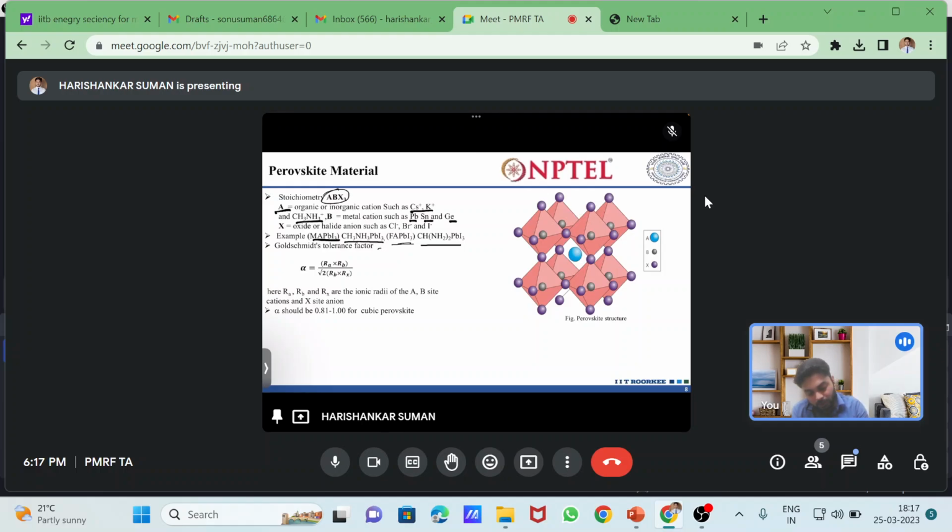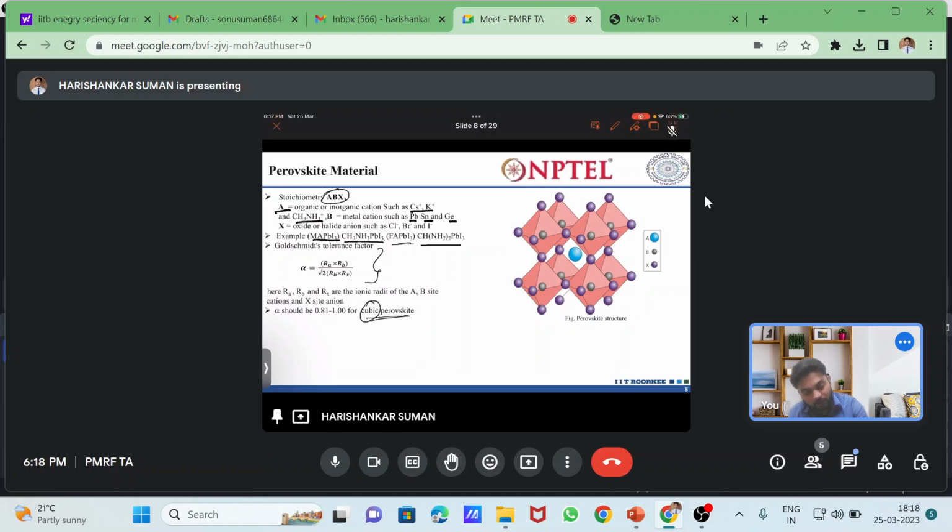And an important factor is the tolerance factor, which defines our perovskite structure: cubic, hexagonal, tetragonal. But our interest is the cubic structure, which is photostable. Only the cubic perovskite structure is photostable, absorbs the light and converts efficiently, giving the efficiency.